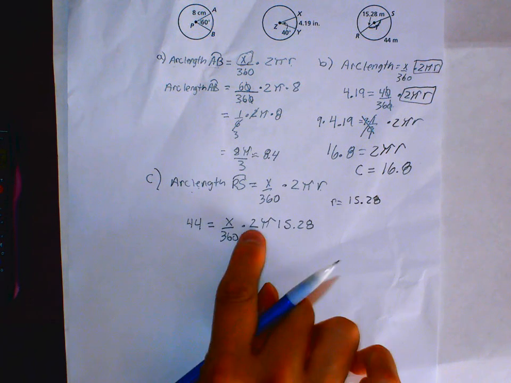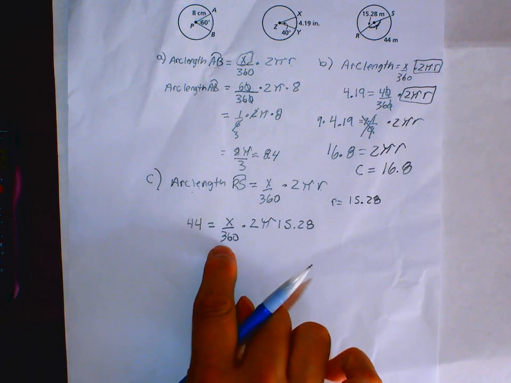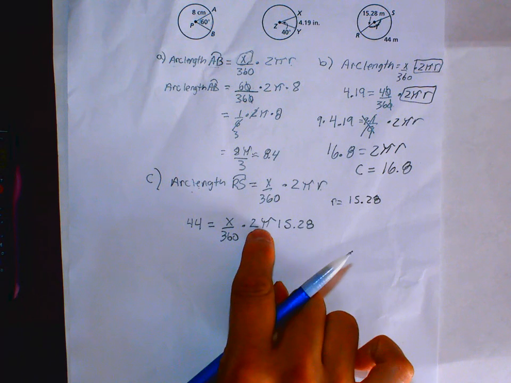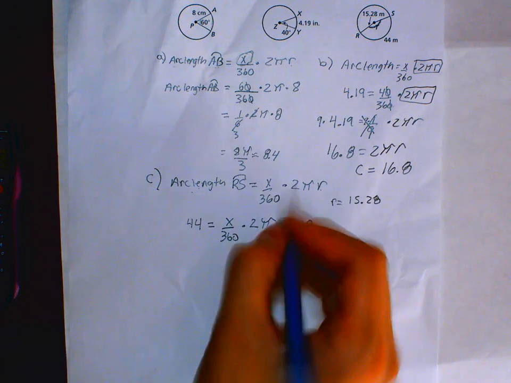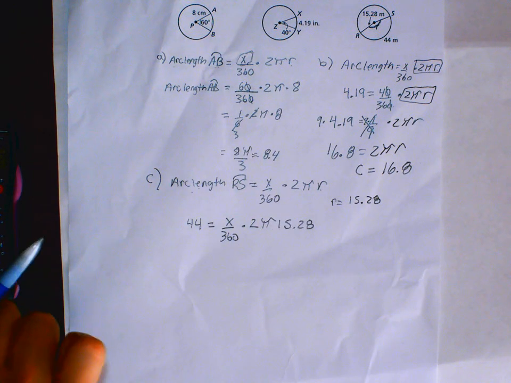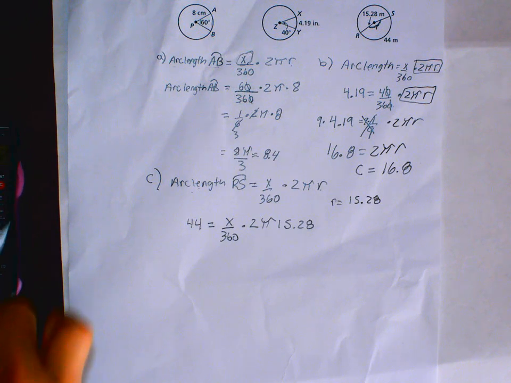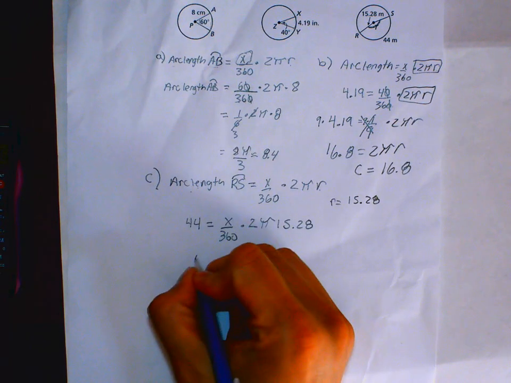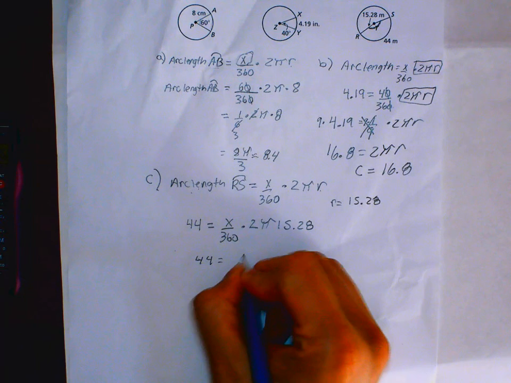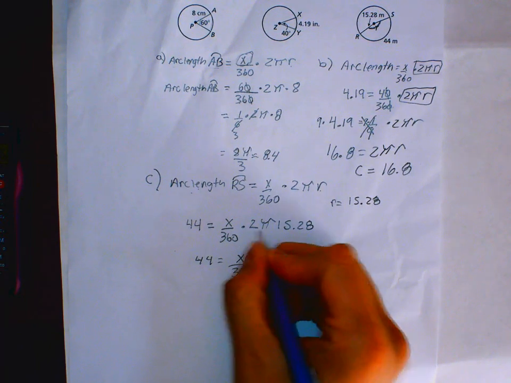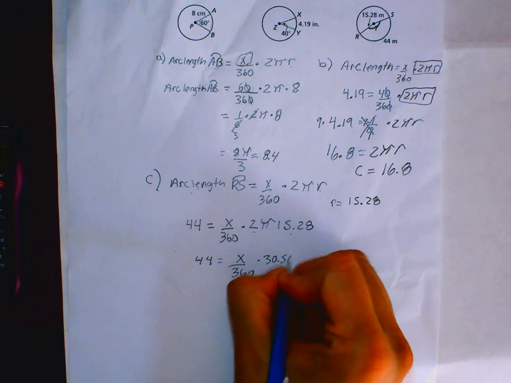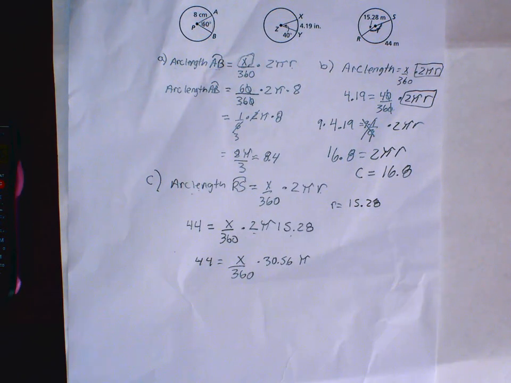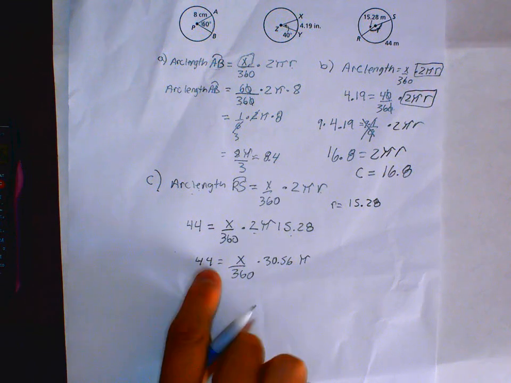I need to multiply this and divide it by this, and then times pi. And then whatever answer I get, I have to get x by itself. So let's just go ahead and figure out what this is. 2 times 15.28. Now that's this times this. That is 30.56 times pi.